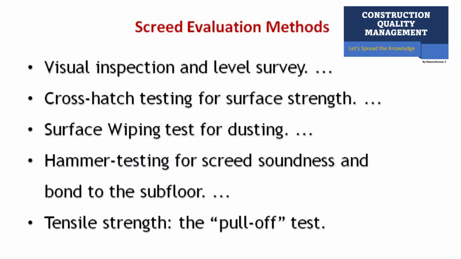Then cross hatch testing for surface strength, surface wiping tests for dusting, hammer testing for screed soundness and bond to the floor, and tensile strength, which is also called pull-off strength.